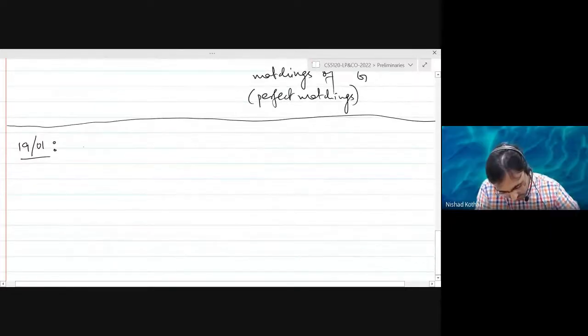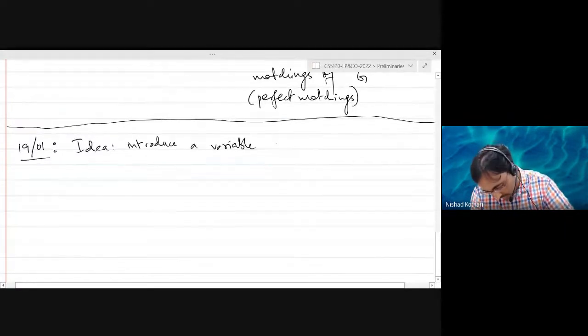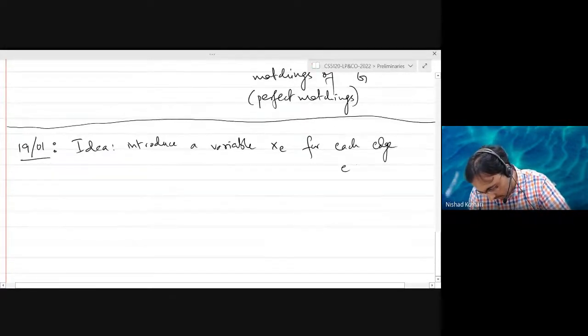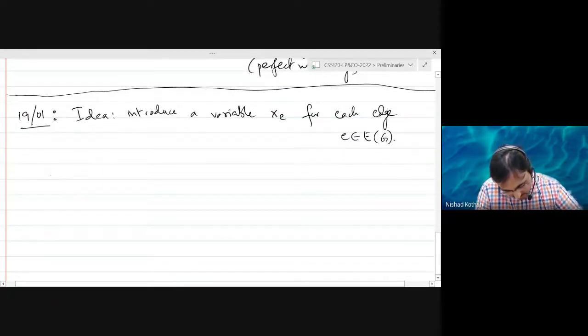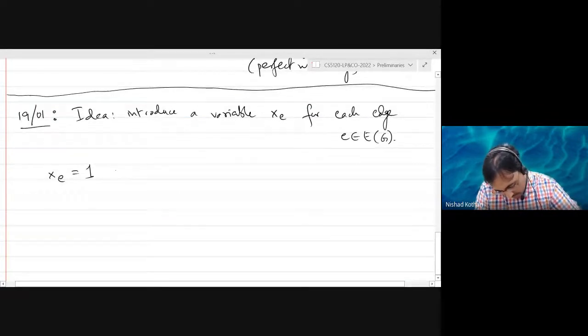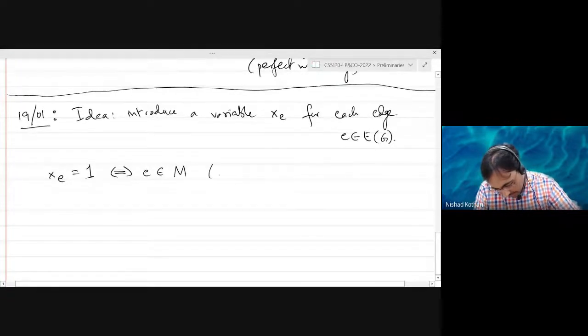Okay, so here is an idea: introduce a variable, maybe we can call it xe, for each edge e of the graph G. And the intent is that we will have xe set to be 1 if and only if e belongs to the matching M. Here, M is a matching.